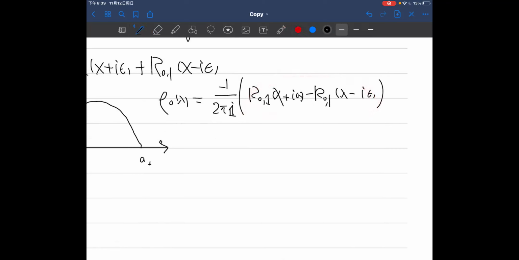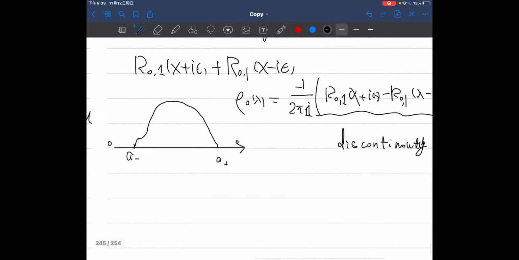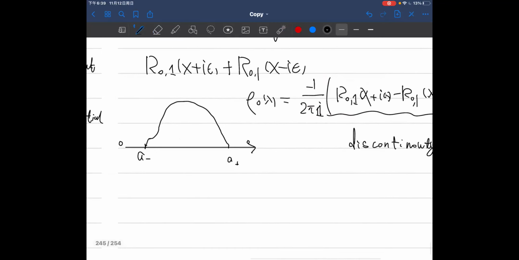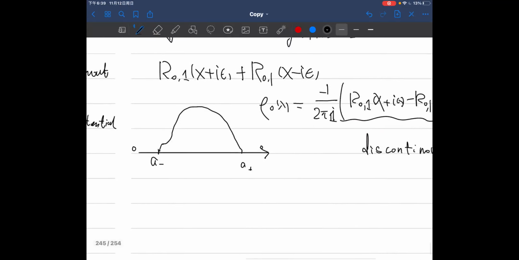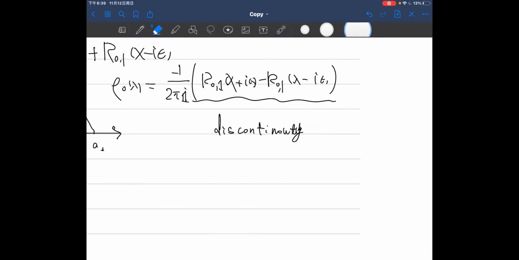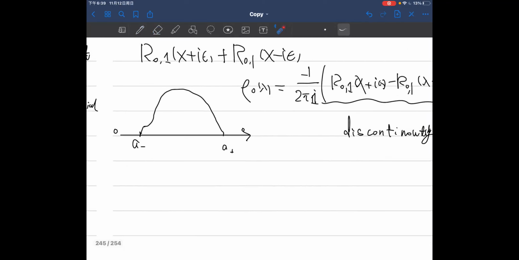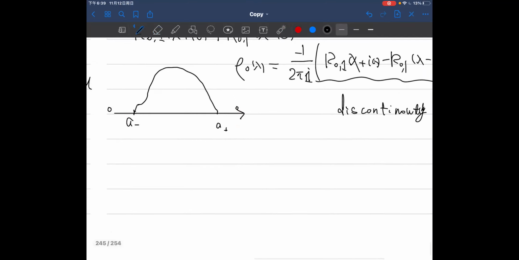This is a discontinuity across the x axis. In this region there is no discontinuity, and in this region there is no discontinuity. So we need to construct a function that has a branch cut from a minus to a plus.